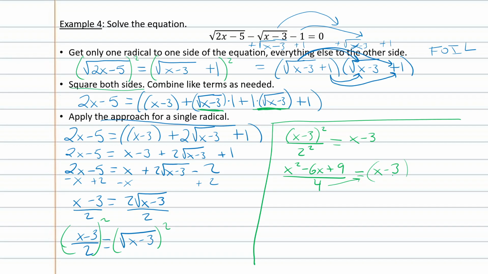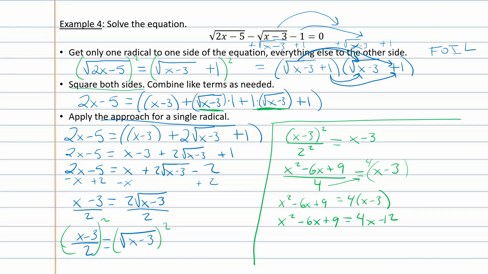So it gives me x squared minus 6x plus 9 equals 4 times x minus 3, which then simplifies to x squared minus 6x plus 9 equals 4x minus 12.